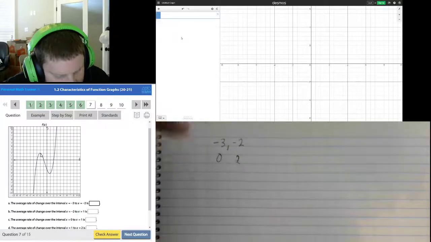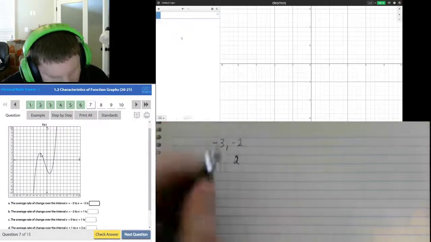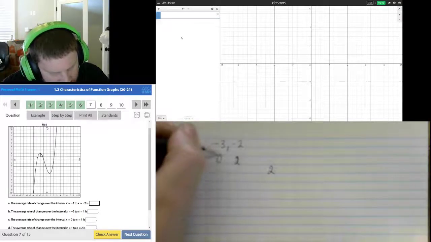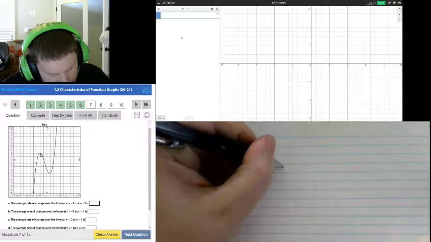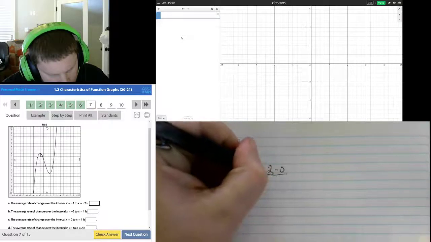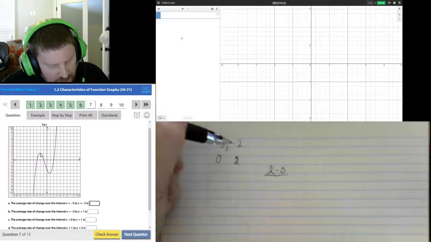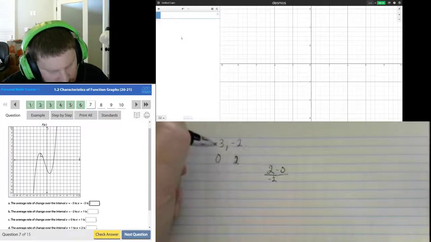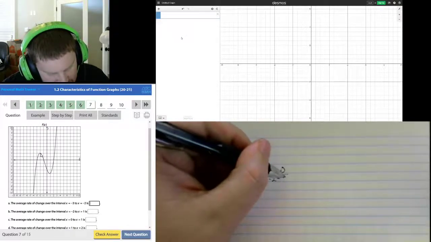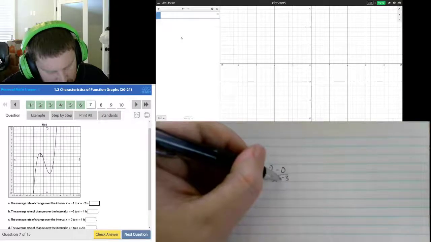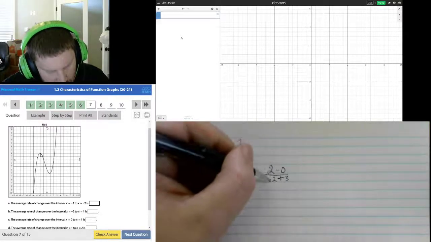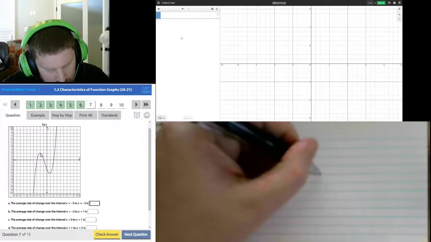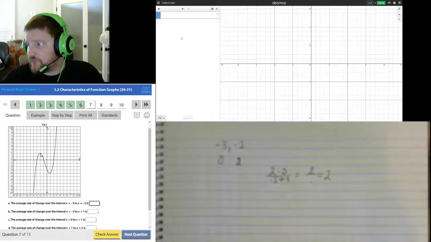So we take the second number, in this case 2, subtract the first number, and then take the second number, -2, and subtract the first number, so minus -3. That's the same as +3, which is 1. So 2 divided by 1, which is just 2.